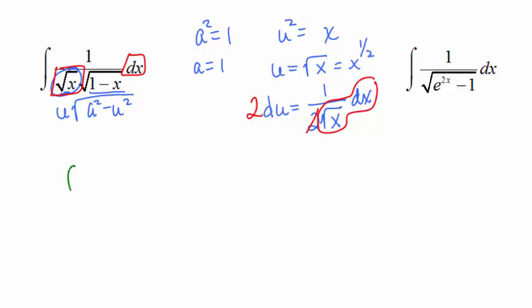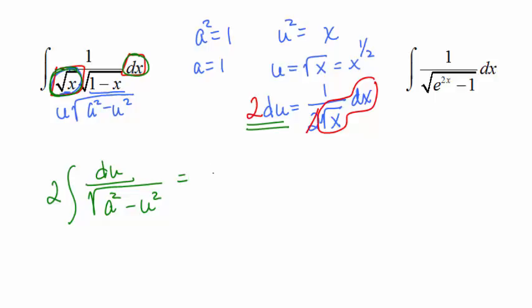So what is this really in the format of? It's in the format of 2 du, again dx over the square root of x is equal to that, divided by the square root of a squared minus u squared. That's really the arcsine. So we'd have the 2 because it's there, the arcsine of u over a plus c.